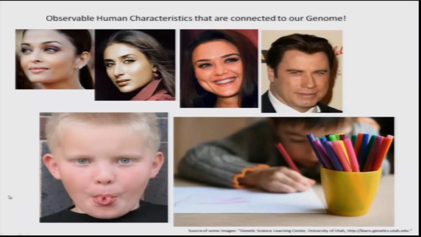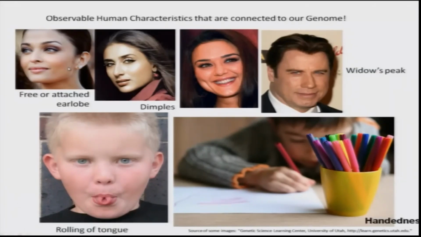For example, you have different forms in the way the earlobe is attached, or people having a dimple chin and so on. Here you have the attached earlobe, here it is free, and you can see the dimple chin, and people have a very distinct way of hair growth, shown as widow's peak.